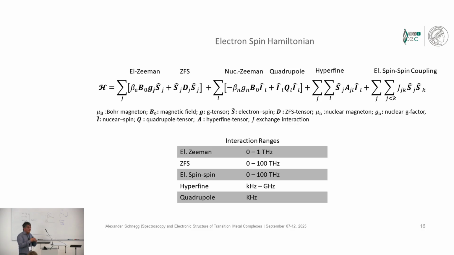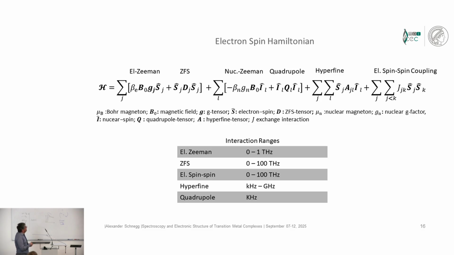I've already somehow mentioned this, but the energy ranges or resonance frequencies of these interactions can vary over a very wide range. For example, quadrupole interactions can be in the kilohertz range, or small hyperfine couplings, whereas zero field splitting goes up to, Dan has shown an example of 100 reciprocal centimeters, which is somehow related to many terahertz. I don't know, approximately 30 terahertz.